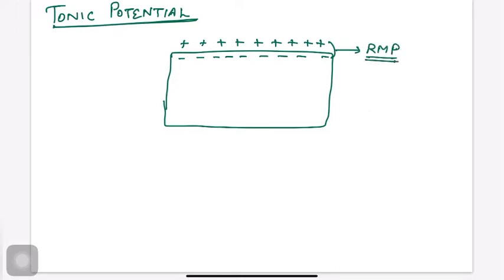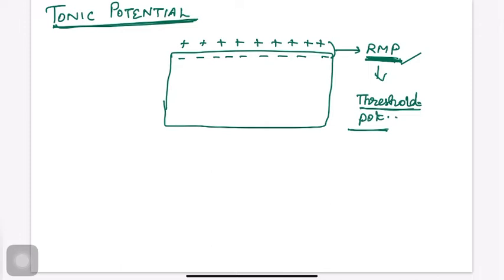Any change in this resting membrane potential till threshold potential is reached is called tonic potential.